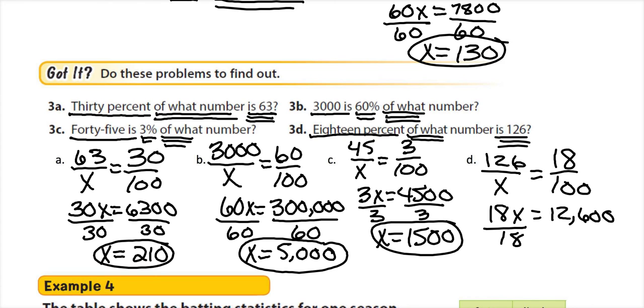We're going to divide that by 18, and we should come out to 700. Okay. So for this one, that means we would have 700 questions possible, and you only got 126, which would give you an 18%.